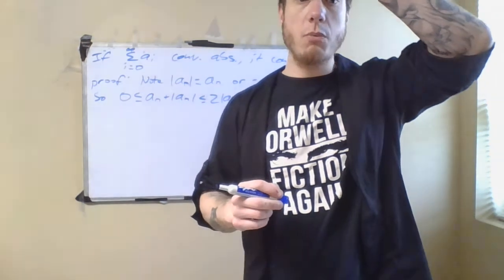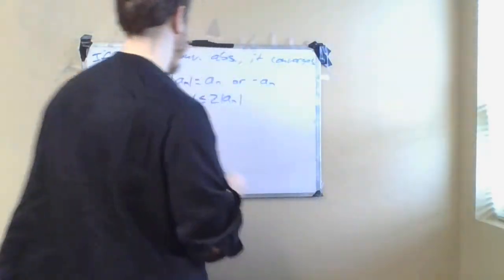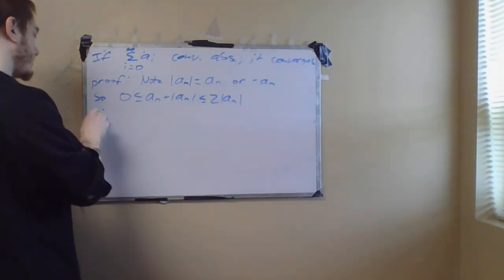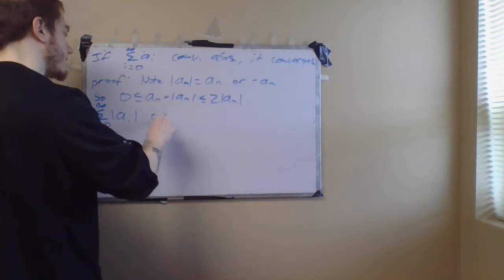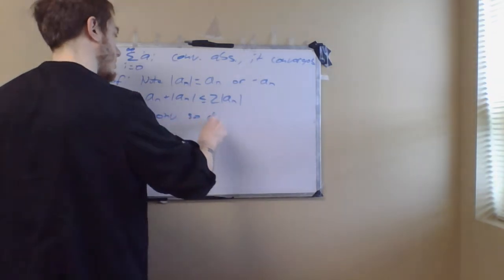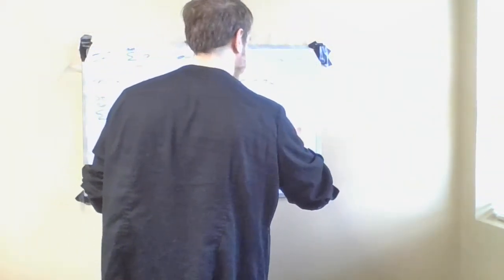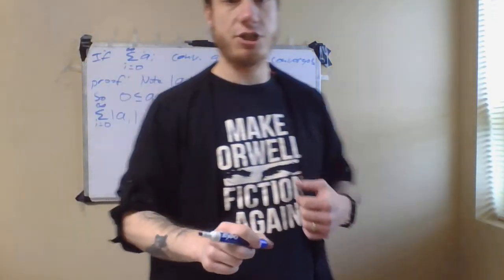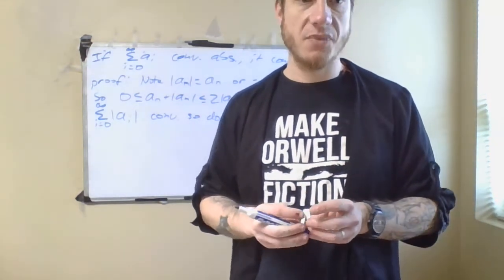And so what we can now do is we can say that since the sum from i equals 0 to infinity of absolute value of a sub i converges, so does the sum from i equals 0 to infinity of 2 times the absolute value of a sub i. Because we're just multiplying everything by 2, that just changes our limits by a factor of 2.